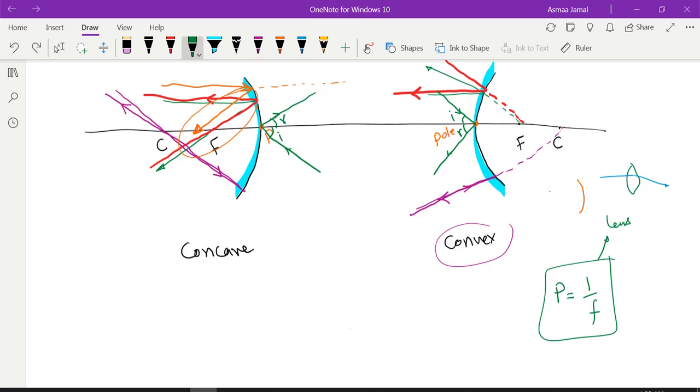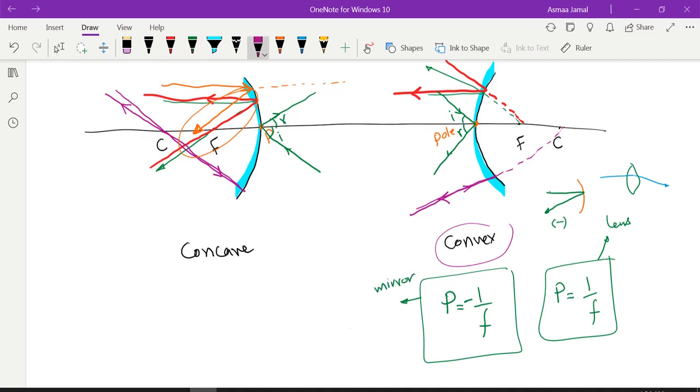But in a mirror, since the light will return back again, and that's something abnormal, we need to put the negative sign in our formula. So the power of the mirror equals minus 1 over the focal length. So this one will be for the mirror. And we also measure it in diopters.